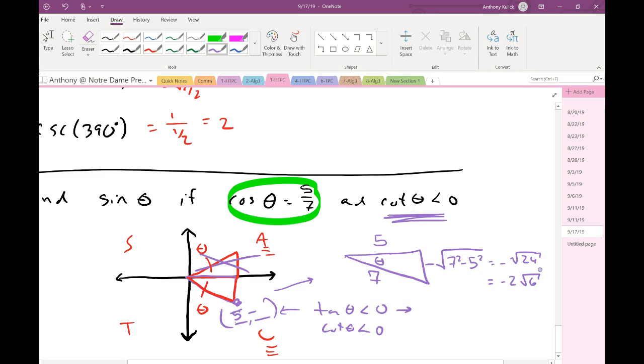That's right. Do you guys remember how we simplify radicals like that? So I can think about the square root of 24 as square root 4 times square root 6, and the square root of 4 is just 2, right? I'm just trying to pull out perfect squares, or factor out perfect squares, basically. You guys remember doing that last year? Barely.